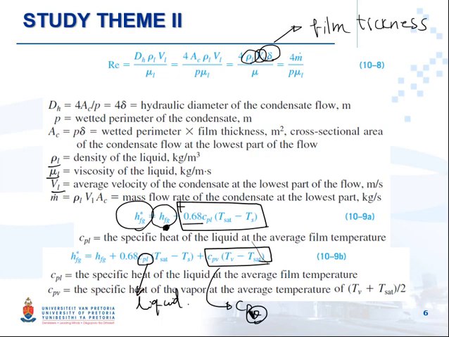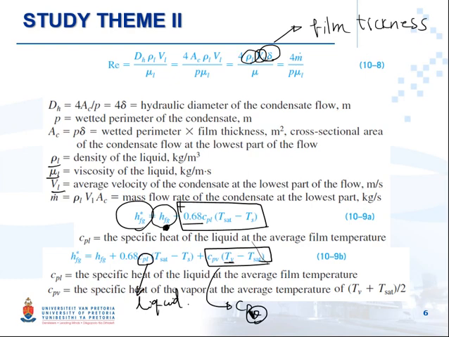We also mentioned that the vapor when it enters the condenser is superheated, which means that the temperature of vapor is higher than saturation temperature, so we add this one as well.